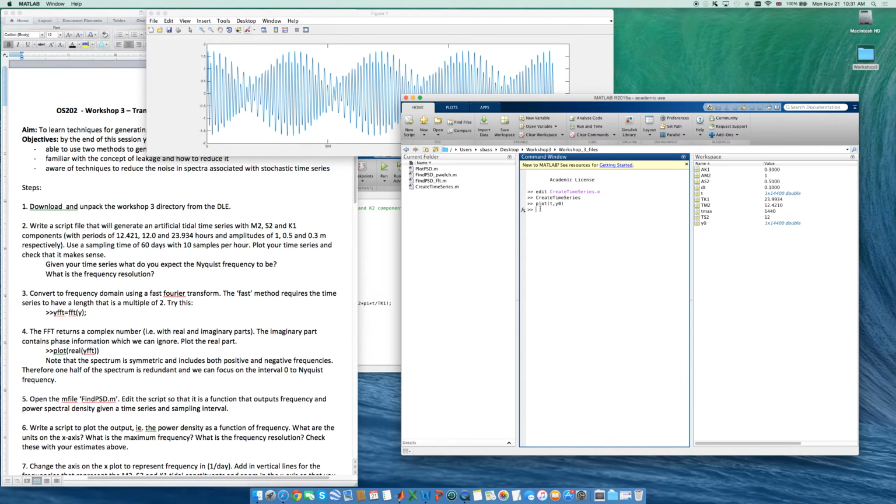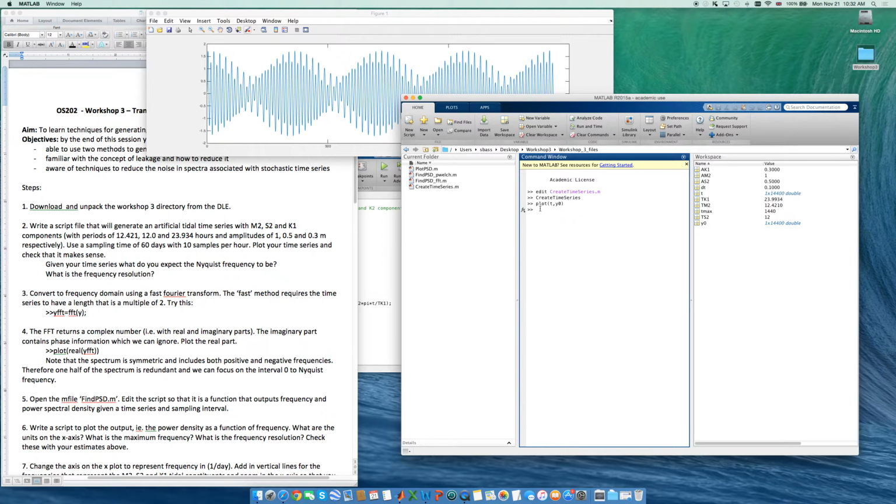It says, given your time series, what do you expect the Nyquist frequency to be? Well, we've got our sampling interval dt, which is 1 over 10, and we know our sampling frequency is 10 samples per hour. So our Nyquist frequency, we expect that to be half of our sampling frequency, so 5 samples per hour.